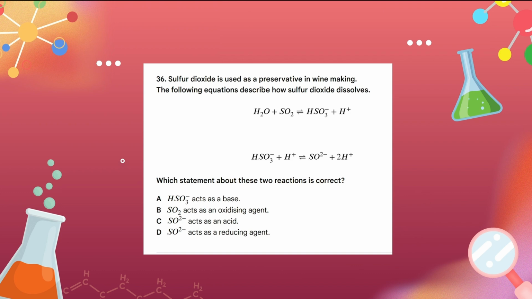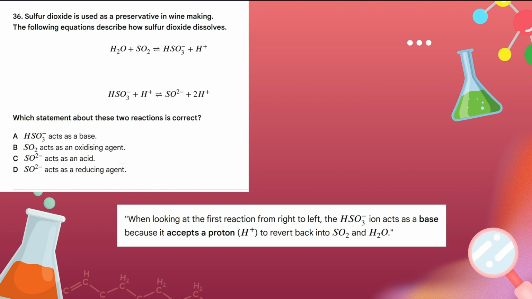Okay, next is sulfur dioxide. Which statement about these two reactions is correct? When looking at the first reaction from right to left, here, HSO3 minus acts as a base.